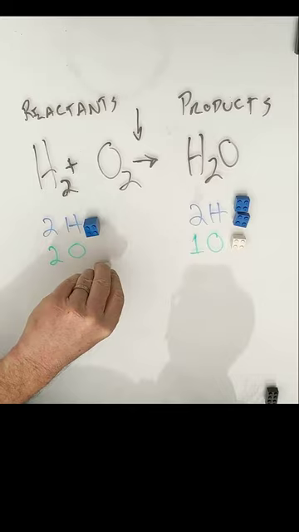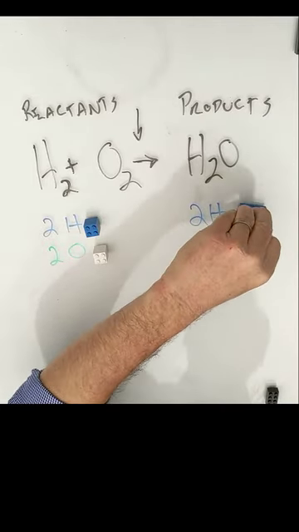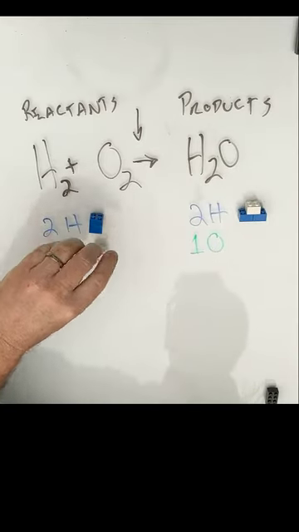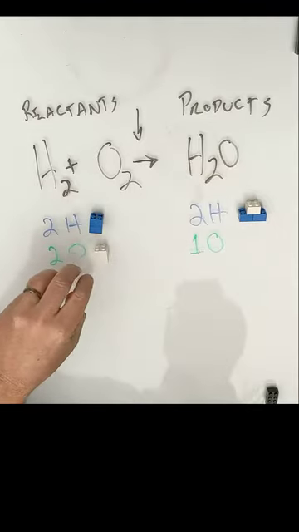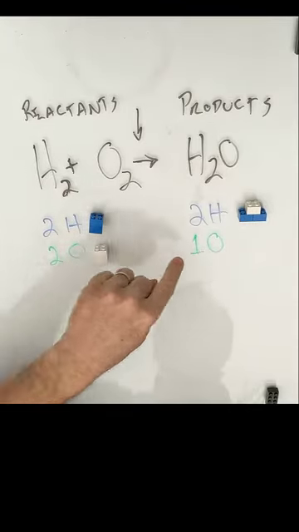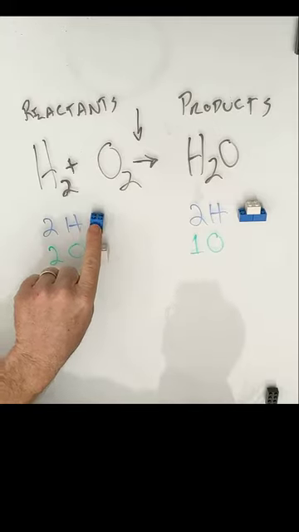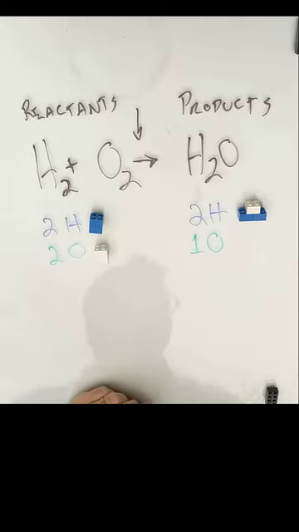These 2 oxygens are stuck together, and the 2 hydrogens are stuck to the 1 oxygen. So just looking at it in terms of the molecules, I can't alter these bricks the way they're connected. But I can have multiple units of each substance, and that's what the coefficients allow us to do.